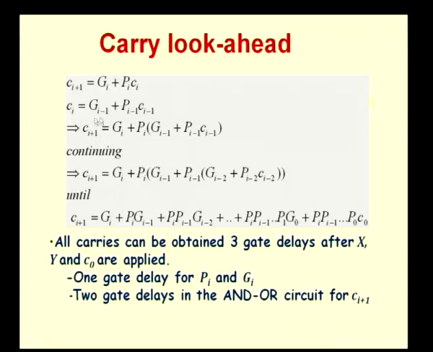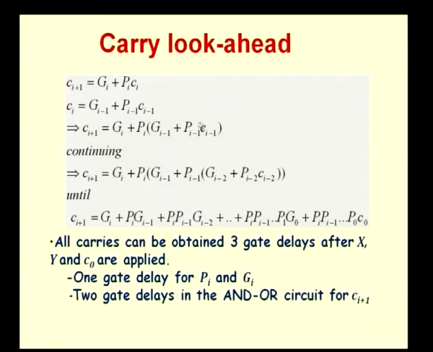Now, this Ci value can be substituted into the first equation. So, what will I get here? Ci plus 1 equal to Gi plus Pi into, now instead of the Ci I am going to bring in this entire equation here: Gi minus 1 plus Pi minus 1 into Ci minus 1. Okay. So, this is what I got. Now, look at what we can do further here.